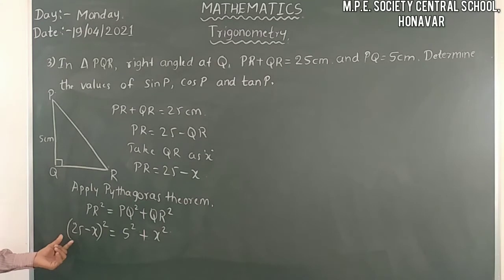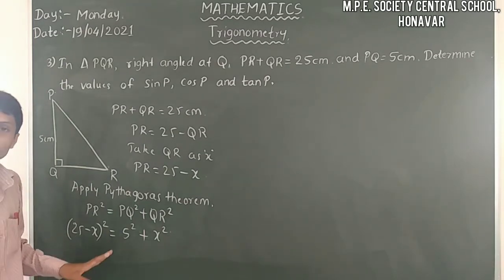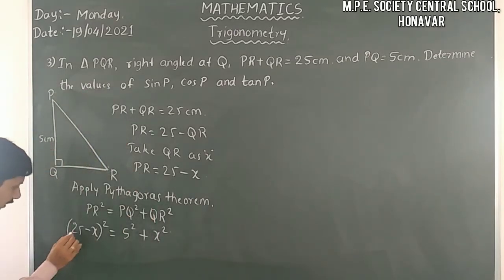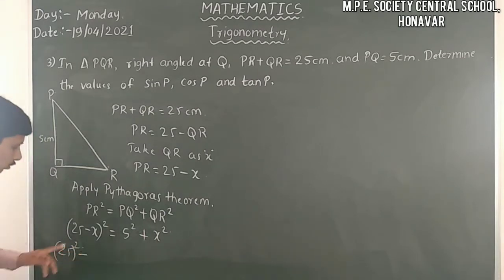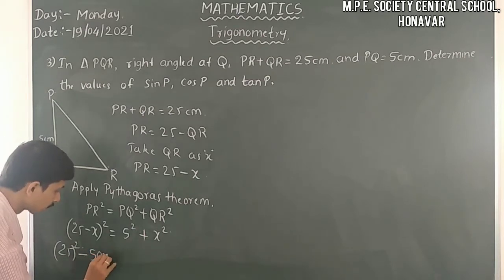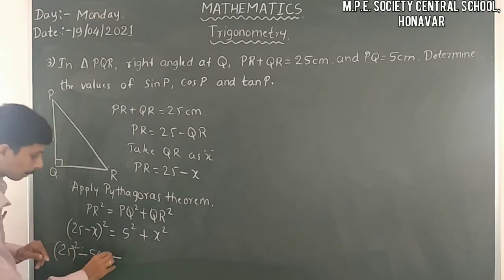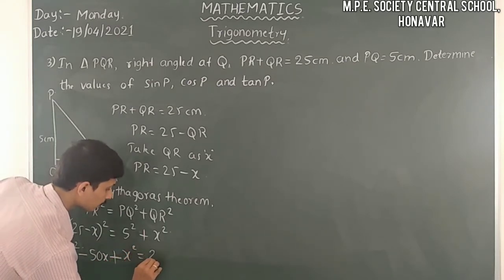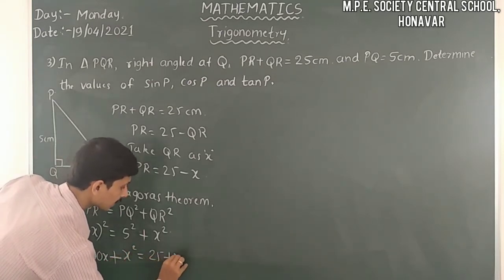Here we use the (a minus b) whole square formula: a square minus 2ab plus b square. So 25 square, then 2 into 25 into x is 50x, minus 50x, plus b square, so 5 square is 25, plus x square remains as it is.